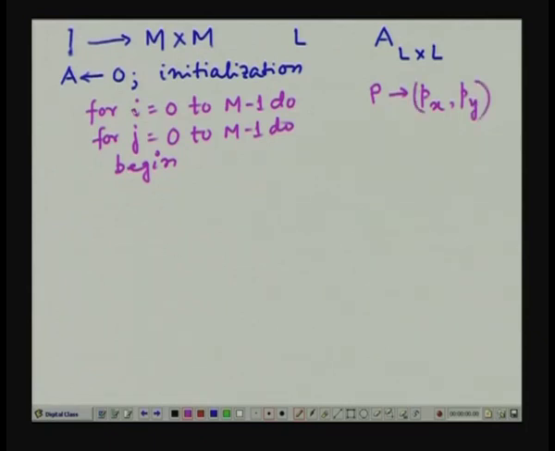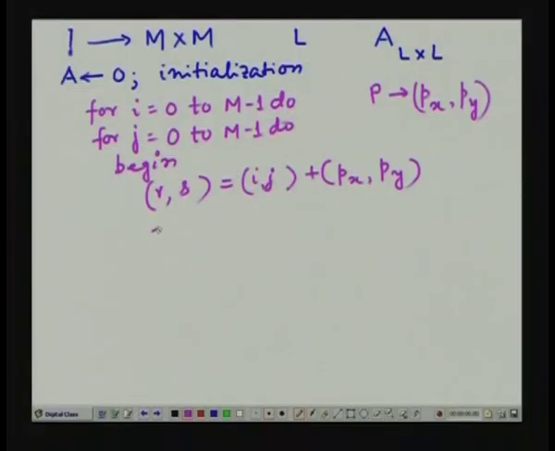So, I j may be the index of one particular pixel location, and from this I generate the index of another pixel location say R s, which is nothing but the vector addition I j plus p x p y. Then I have to compute whether this image point index S that you have generated by this vector addition operation is within our image or not.